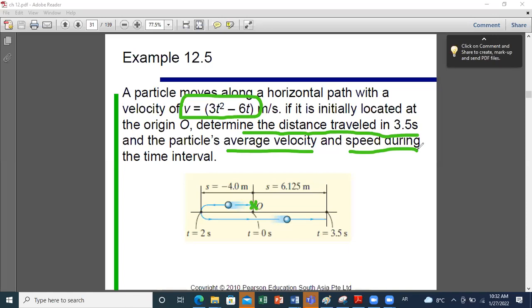But if you change sense during motion, calculating just the displacement delta s is not enough, because I will just have an idea about the initial and final position, but not the trajectory. If I give you v as a function of time, how can you determine the trajectory? Do you have an idea?